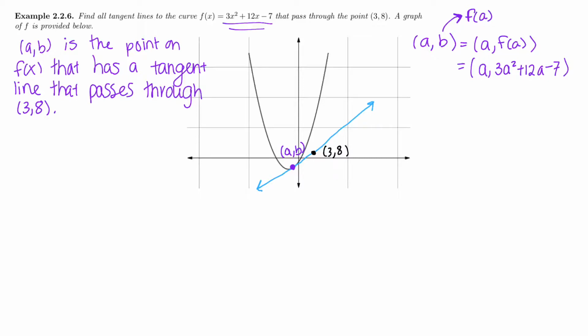There's a few things. The first thing we can do is we can kind of find the slope of this line using the slope formula. Not using the derivative. We're going to use the slope formula first.